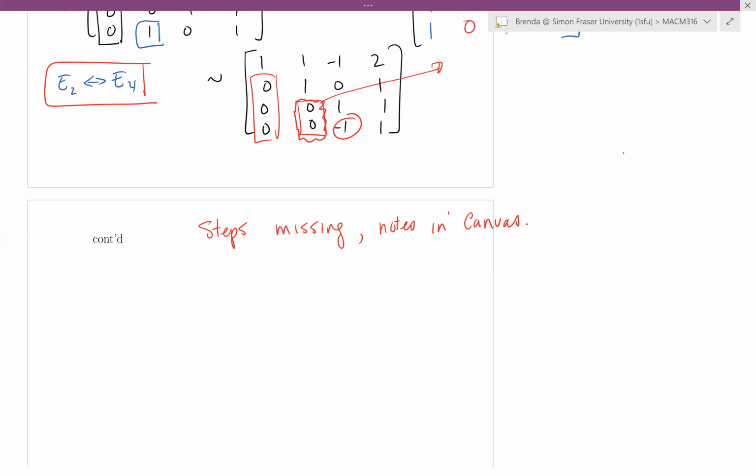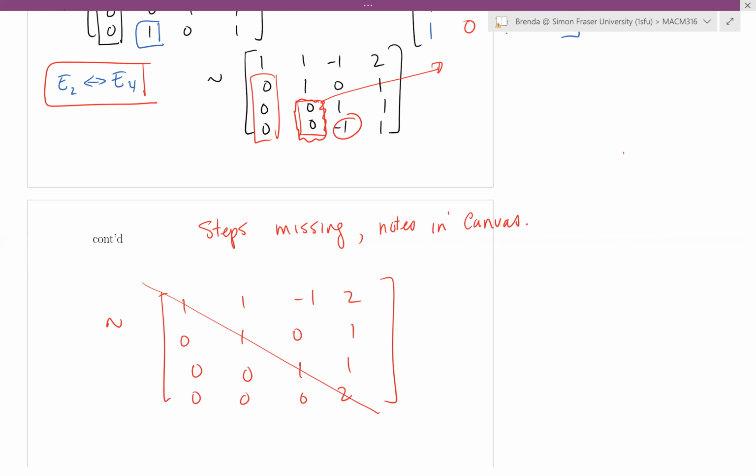So I proceed along, and at the end of the day, Gaussian elimination ends at this point of the program.